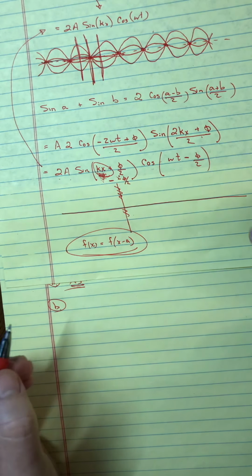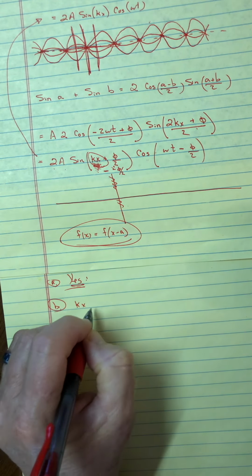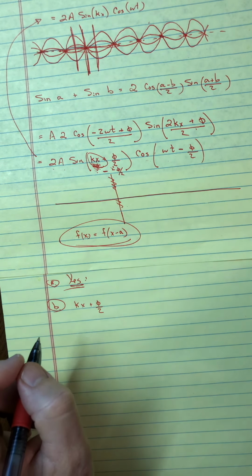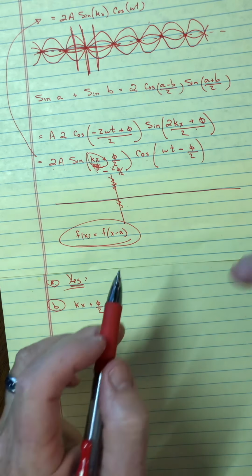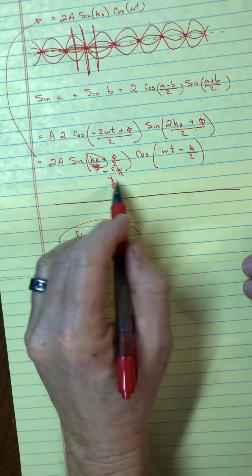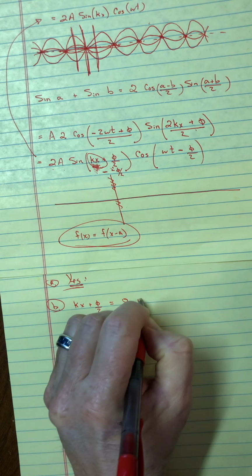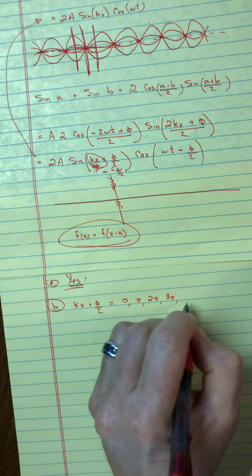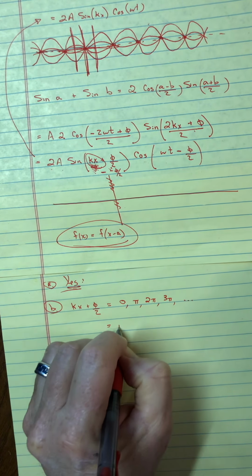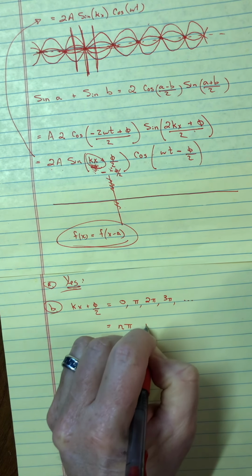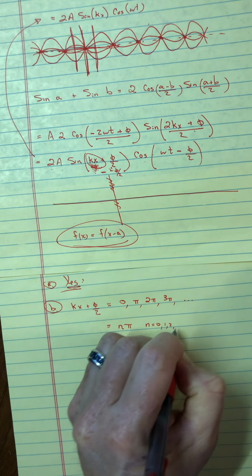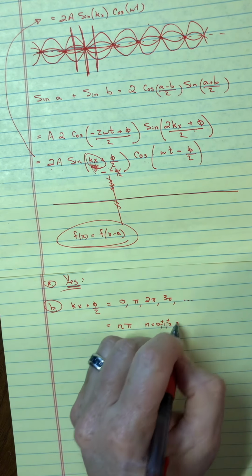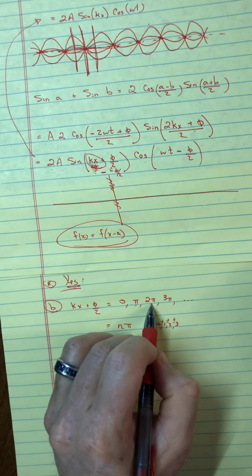I suppose you could say something like this, that kx plus phi over 2 would give you your nodes when the argument of the trig function is an integer multiple of pi: 0, pi, 2 pi, 3 pi. Maybe the way to write it is n pi, where n is 0, plus or minus 1, 2, 3.